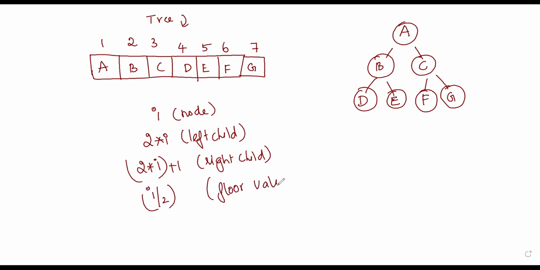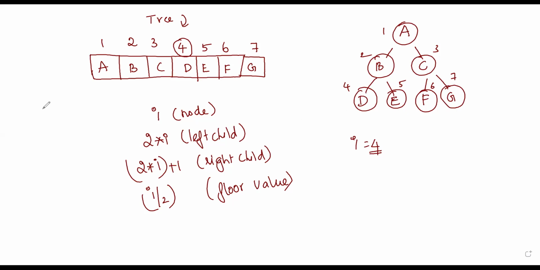I hope you remember the floor value and ceiling value. So I'll take a node and show you. For example, I'm taking 4 as the node, so I is equal to 4 now, among positions 1 to 7.